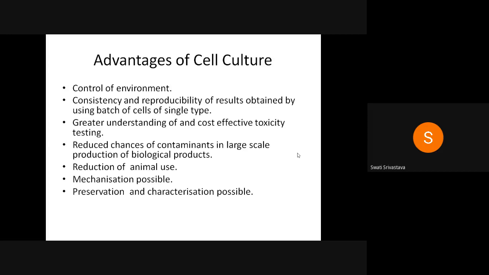You are killing that animal ultimately. So, that is not a very ethical or good practice if you try to maintain the common food web, the common ecological cycle or the ecosystem. So cell culture gives you an opportunity to reduce animal use.